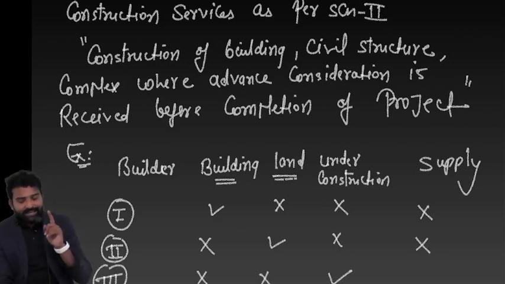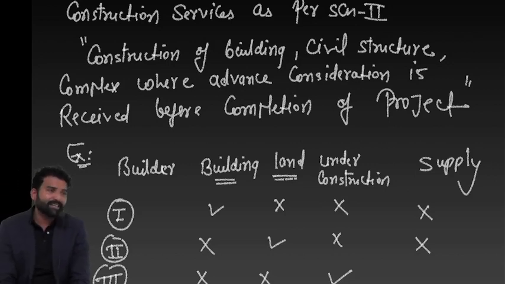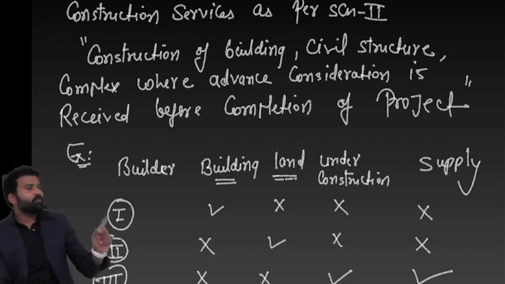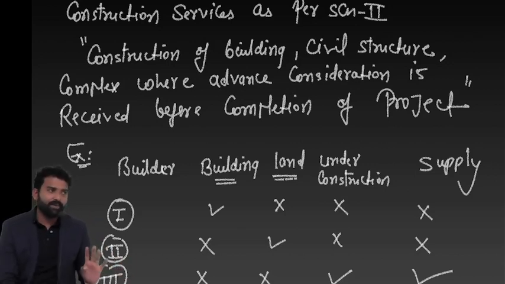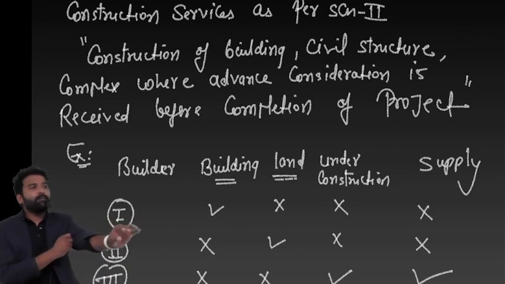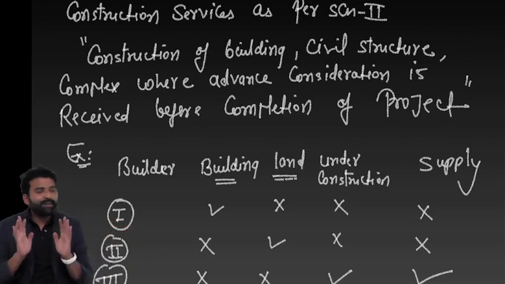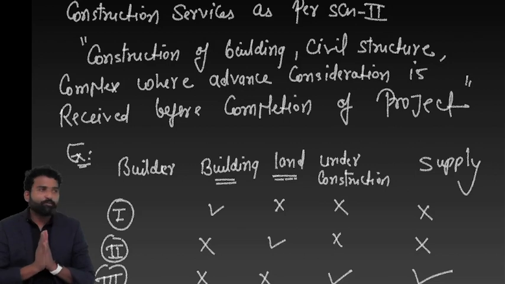Third, if it is under-construction property, then of course it is a supply. So if he is selling any under-construction property, it is a supply. It is so for residential buildings as well as commercial buildings. If I am selling a ready-made commercial office, I will not be paying any GST on the sale of the office as well.